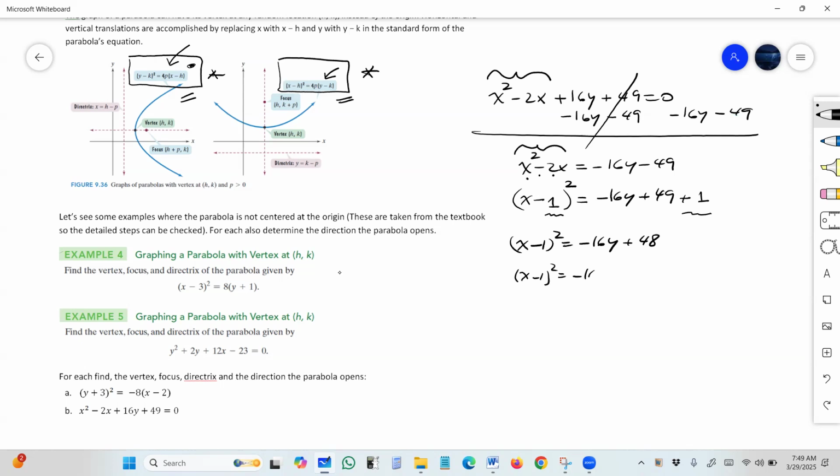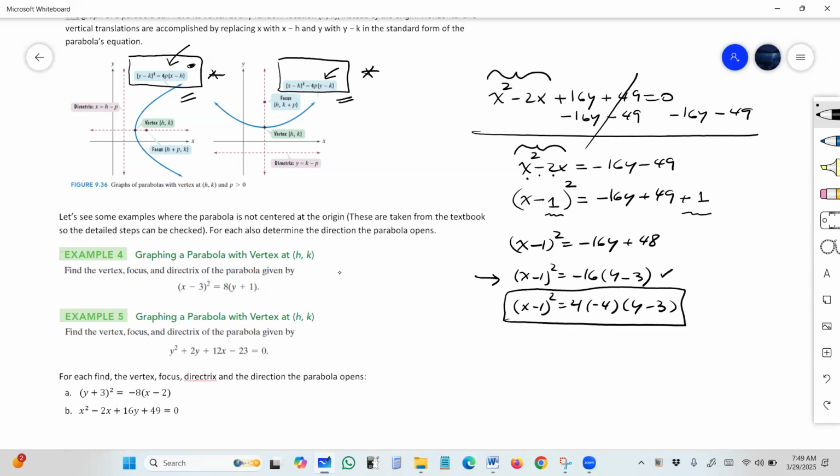So minus 16 y, I'm sorry, minus 16 y minus 3. Now, this is the equation in standard form, which we need to get. We just have to pull out the 4. So 4 times minus 4 y minus 3. So this is the equation in standard form.